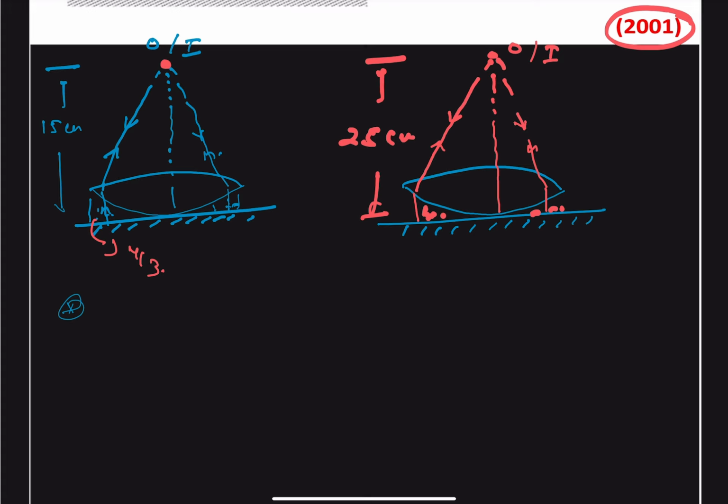You can say a convex lens on a plane mirror is going to behave as a mirror lens system.